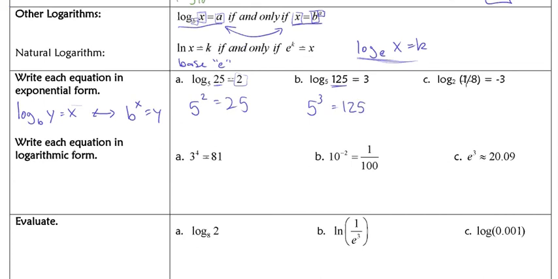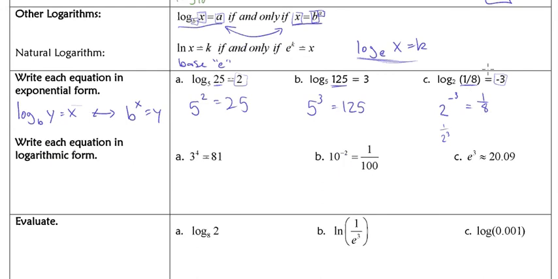All right. Now we've got log base 2 of 1/8 equals negative 3. So our base 2 to the negative third power, that means 1 over 2 to the third, and 2 times 2 times 2 is 8, so 1/8. And there we go.